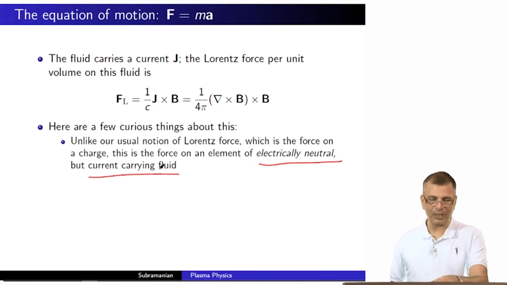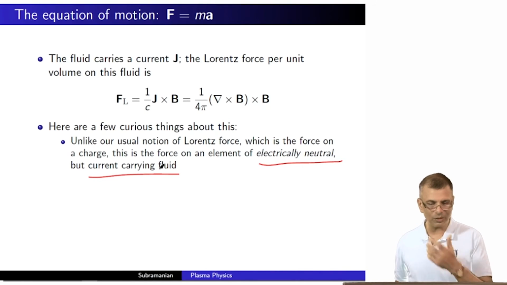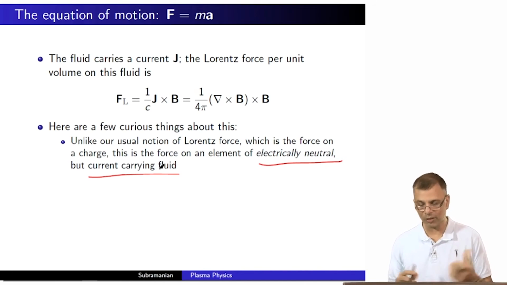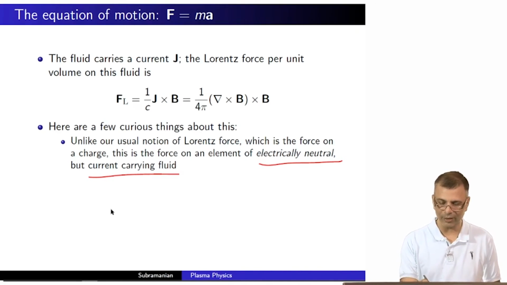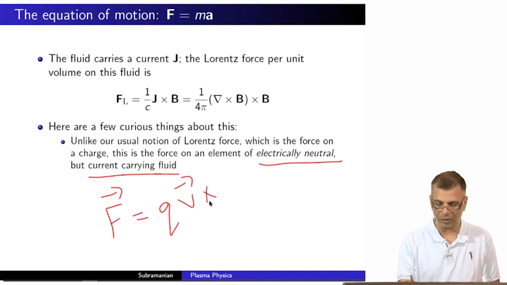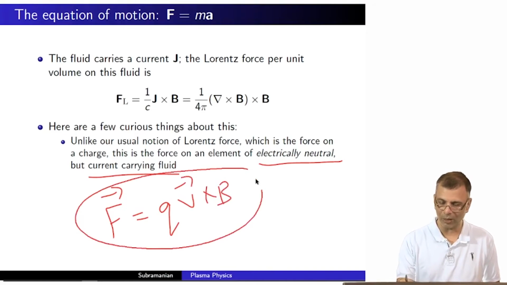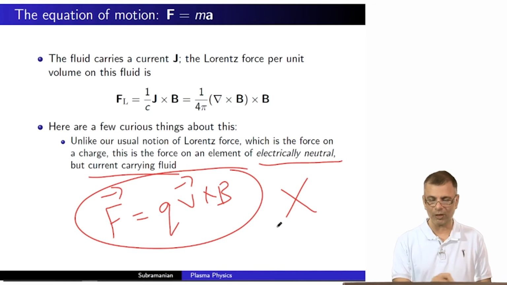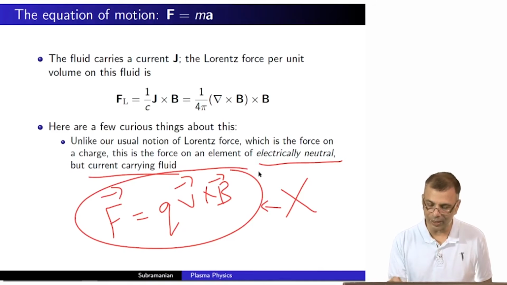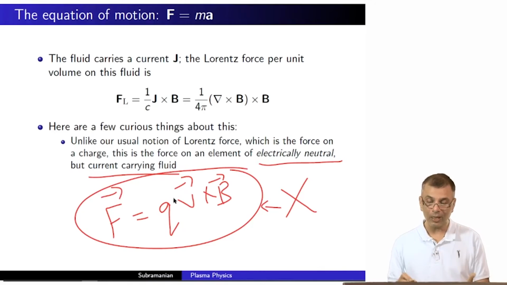So the curious thing about this Lorentz force is that unlike our usual notion, which is a force on a charge, we normally write F equals Q V cross B. This is not how we should think of the Lorentz force in MHD. Why? Because there are no charges at all. This is the force on an element of electrically neutral fluid, but nonetheless it still carries current.